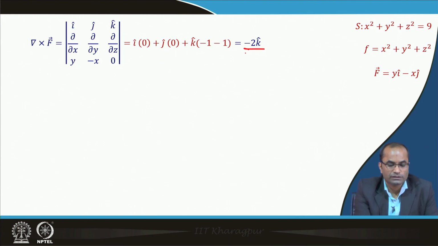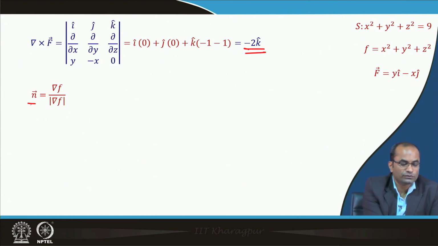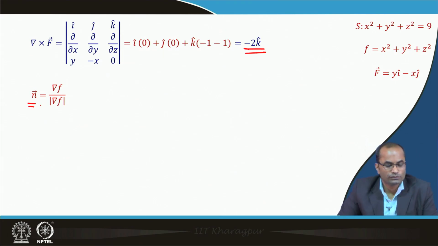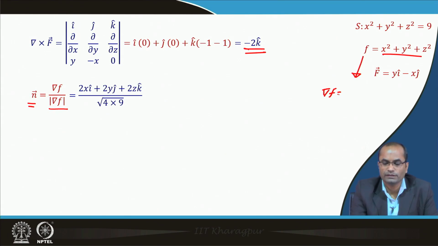So, this is the curl f, and then we need to know the unit normal vector to this surface, del f over its modulus, and that can be computed now. So, here we have this f. So, this del f will be 2x i and then 2y j, and then we have 2z k.